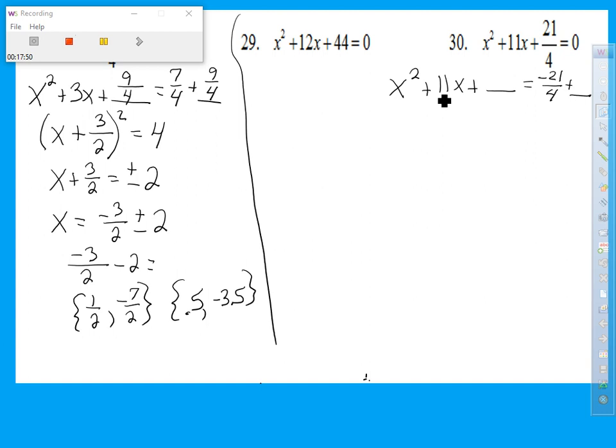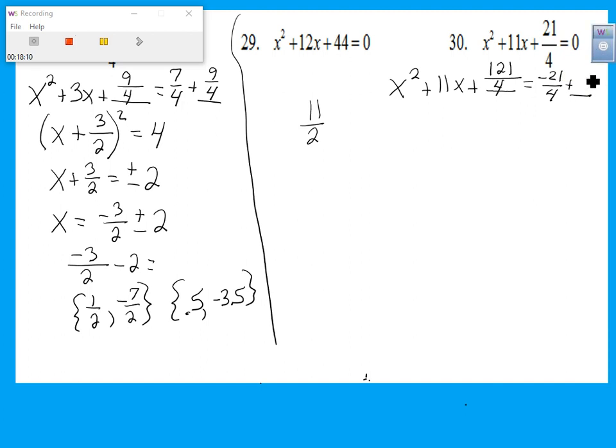To get your number, take half of 11, but don't think of it as 5.5. Think of it as 11/2. 11 squared is 121. 2 squared is 4. So I'm adding 121/4 to both sides.